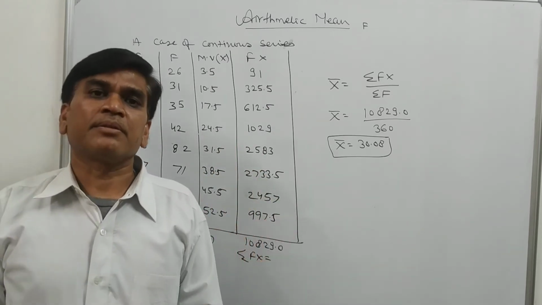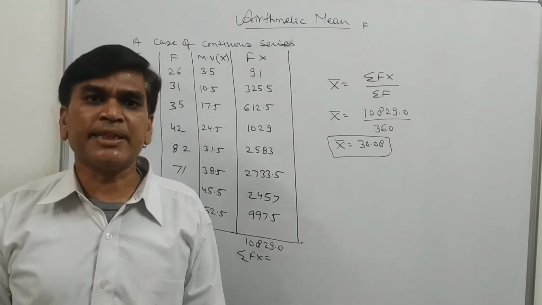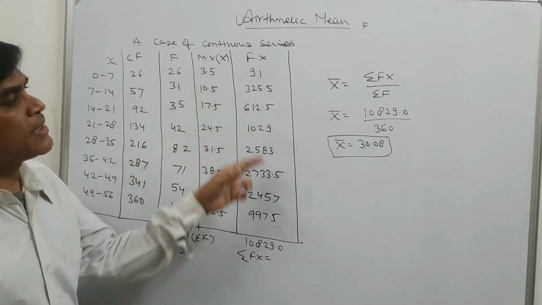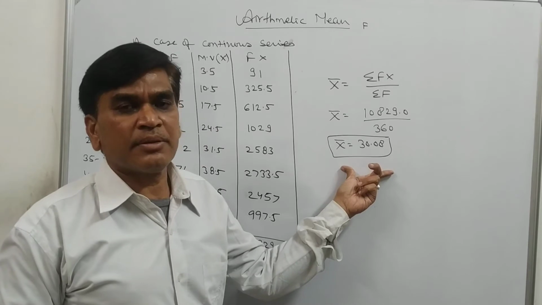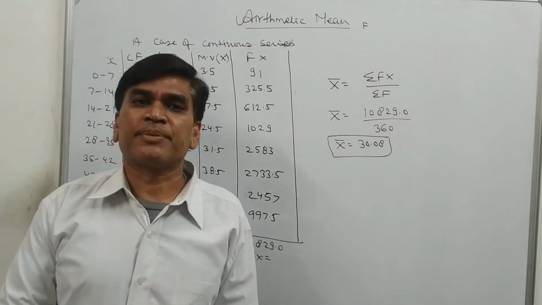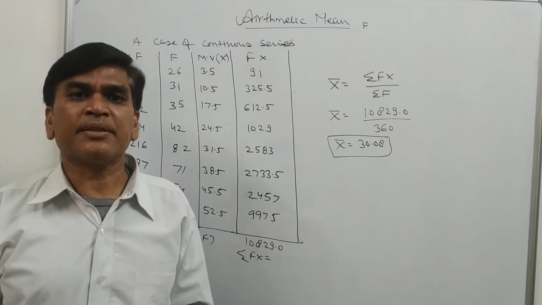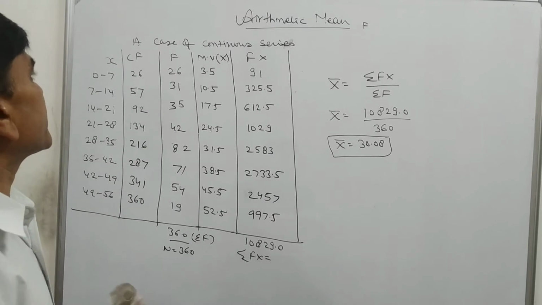If in your examination a calculator is provided, then you can use this direct method and easily calculate the arithmetic mean. If a calculator is not allowed, then we can use a shortcut method also.